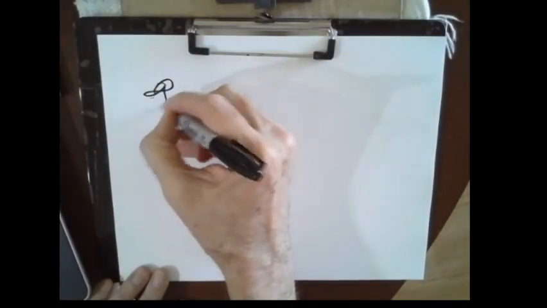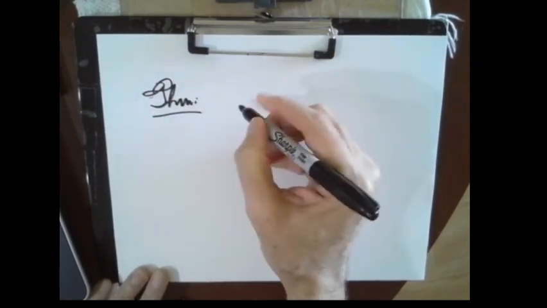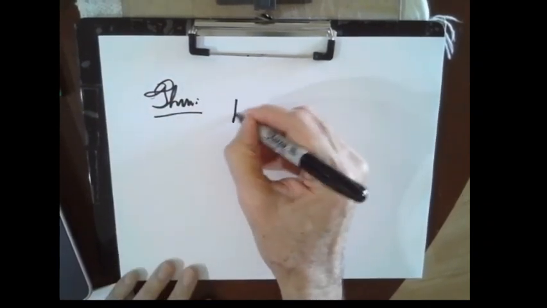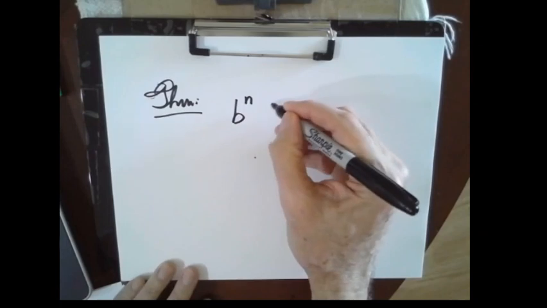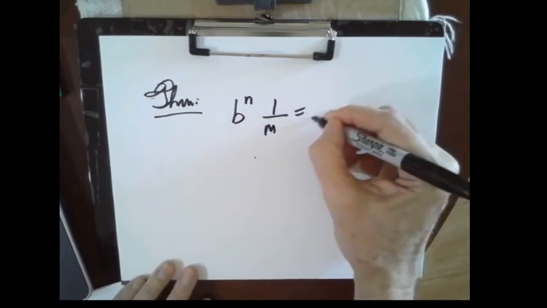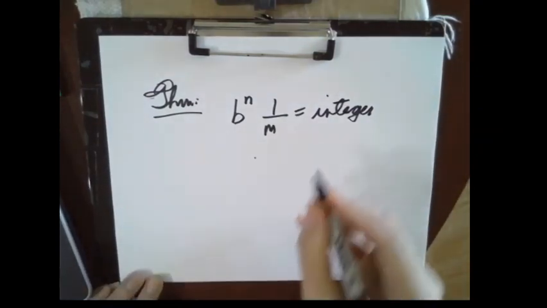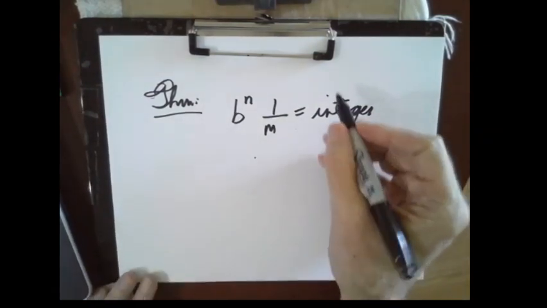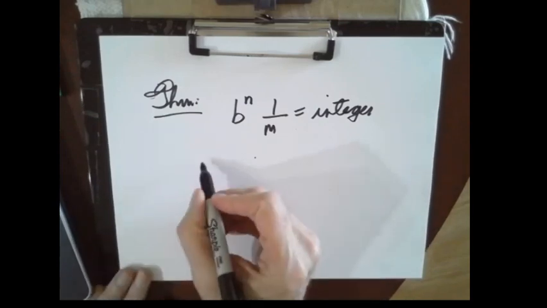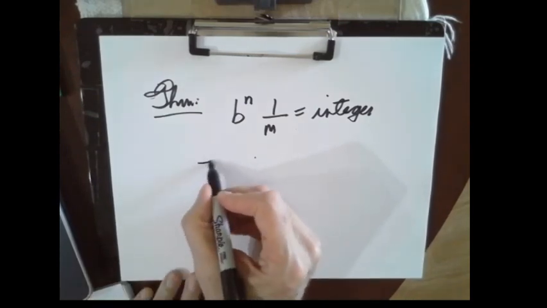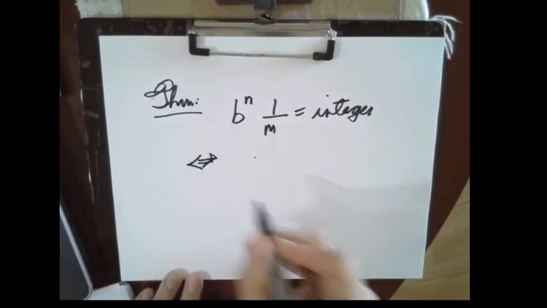Okay, so the theorem: b^n, that's your base, to the n times 1 over m equals an integer, where m is a positive integer. It's going to be finite.